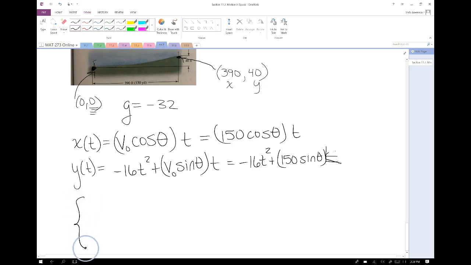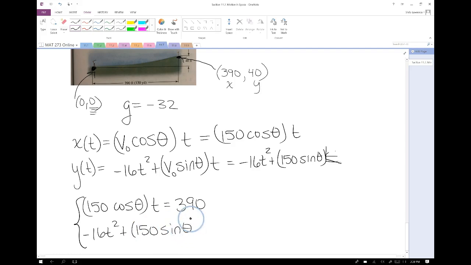So we come up with this system of equations. We've got 150 cosine theta t equals 390. We want our horizontal distance to be 390, and we've got -16t squared plus 150 sine theta t equals 40. And we need to solve this system of equations.